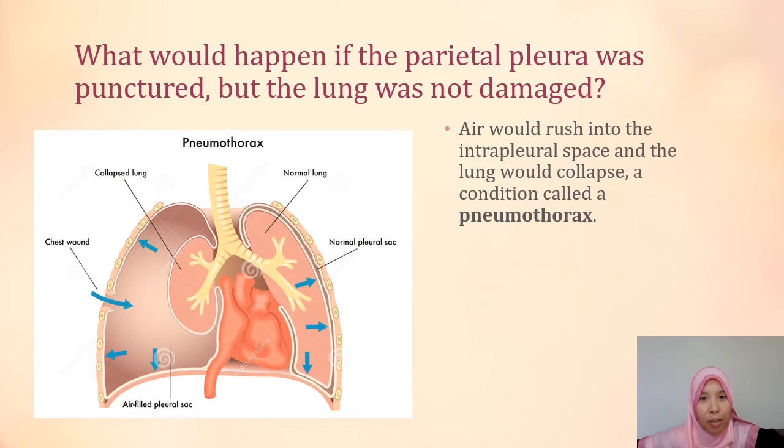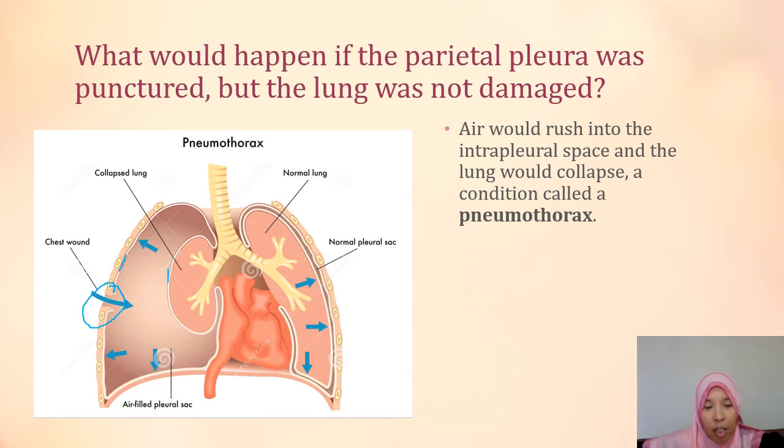So what would happen if the parietal pleura was punctured but the lung was not damaged? If you look at this diagram, this picture is showing a hole here. The wall is being punctured, and remember, this layer here is the parietal pleura, and the inside layer is the visceral pleura.